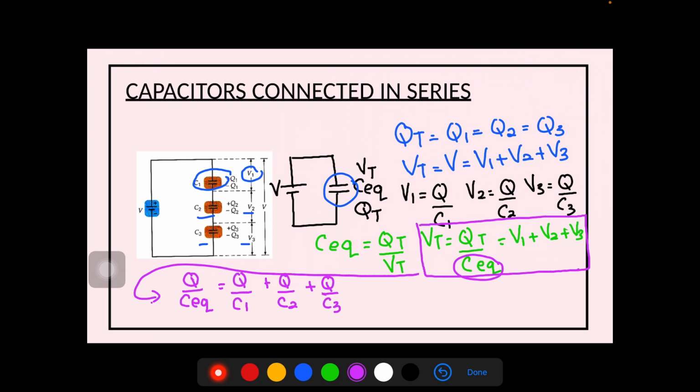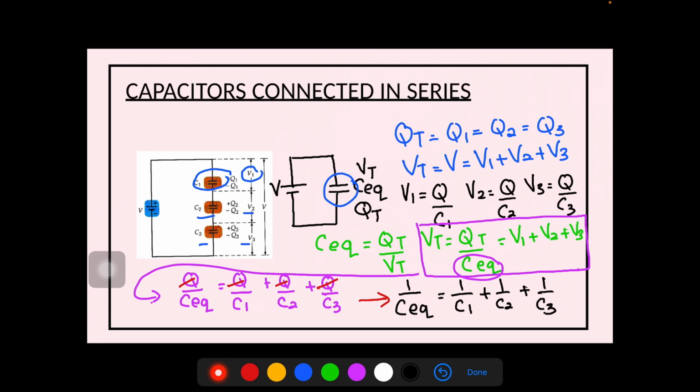Since the charge is the same, we can cancel all the charge. We will get 1 over CEQ equals 1 over C1 plus 1 over C2 plus 1 over C3.